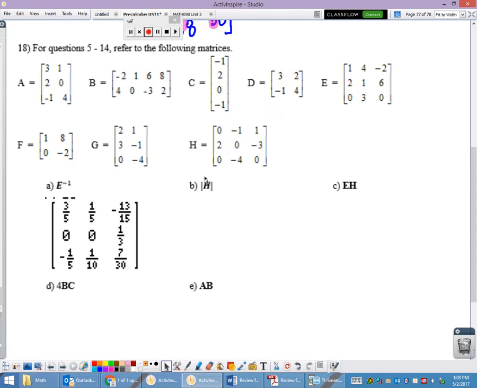For letter H, this means find the determinant. And this is multiply.